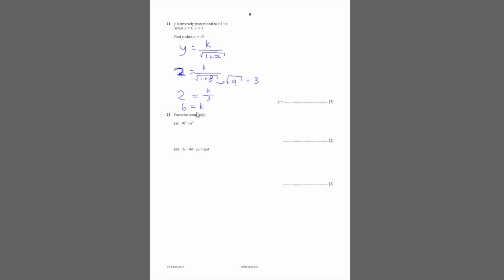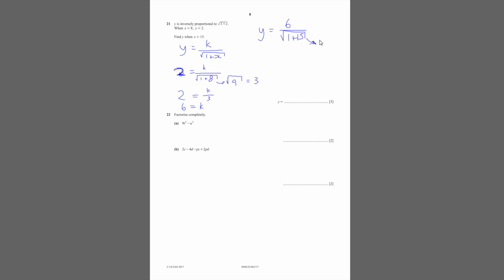So now we have a value for k, which means we can put this into the same equation, but for our new value, when x equals 15. So we have y, as y is our unknown, equals 6, which is our original k value, over square root of 1 plus 15.